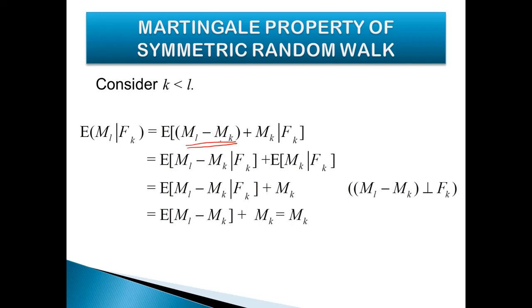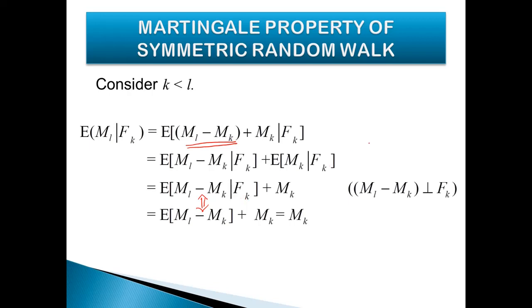So once we have the expectation of M_l minus M_k given F_k, this one is independent, right? M_l minus M_k, the value depends on the outcome of the (k+1)th coin toss, (k+2)th coin toss, and so on. It does not depend on what happened at the kth coin toss. So this one is independent of F_k. So if we write the expectation of M_l minus M_k given F_k, or you write the expectation of M_l minus M_k, it's the same thing, because these are independent of the kth coin toss.